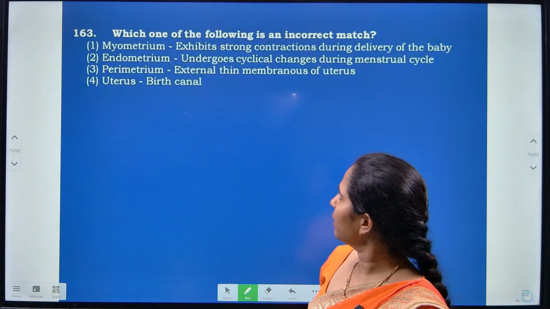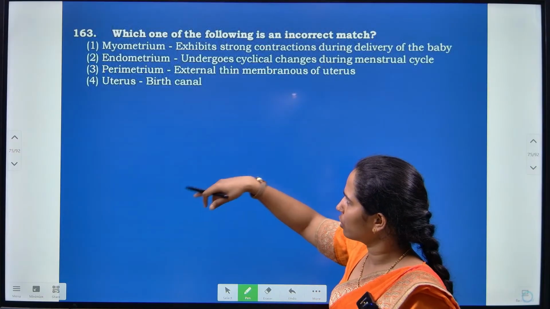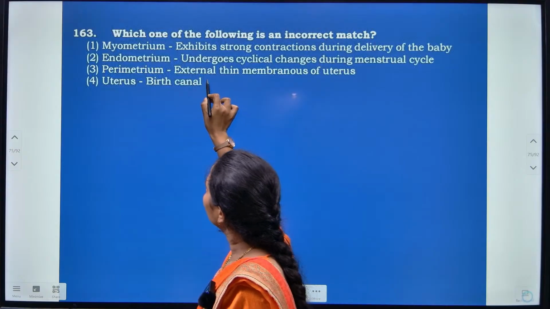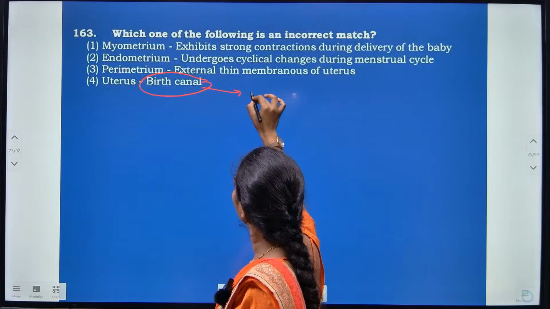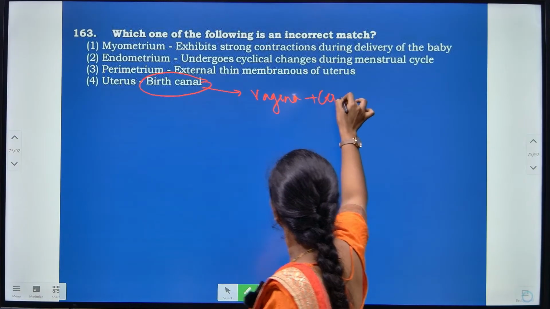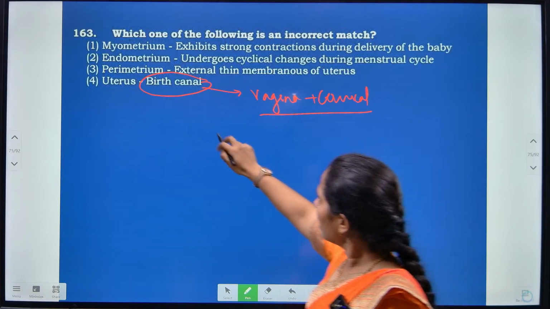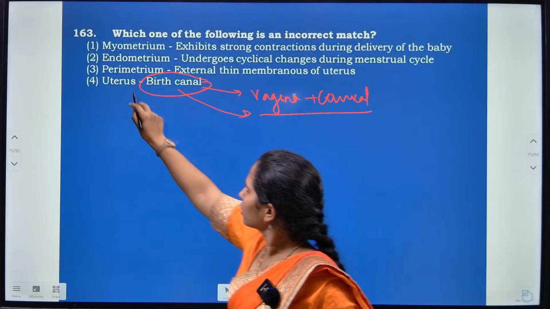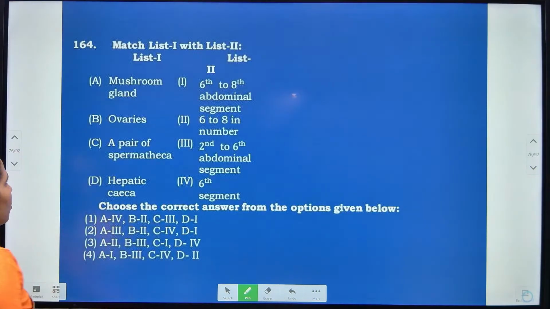Next one is perimetrium, an external thin membrane of the uterus, and uterus acts as a birth canal. Uterus is not going to act as a birth canal. Birth canal is a combination of the vagina and the cervical canal. Both the cervix and the vagina act as a birth canal, but not the uterus. So option 4, that is uterus, is the wrong option.